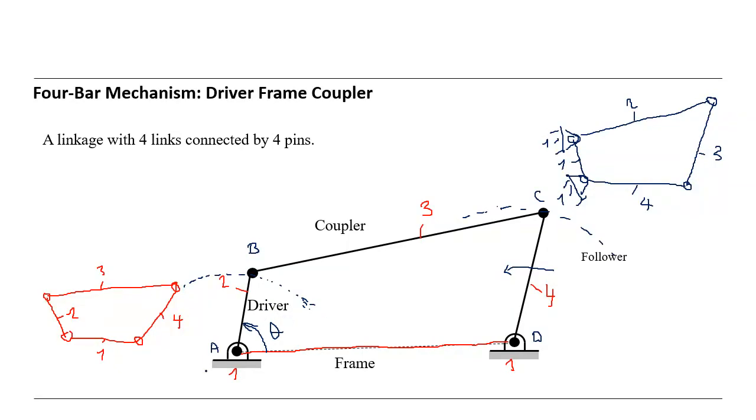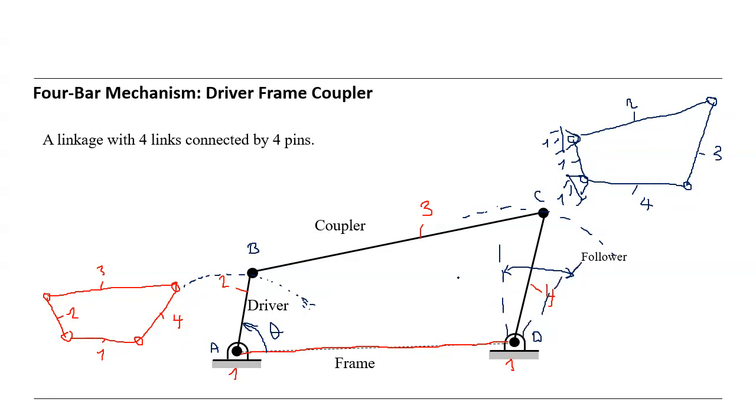That means it can turn 360 degrees, a full revolution, and the follower not a full revolution. Let's say it moves between two limit positions, like this.